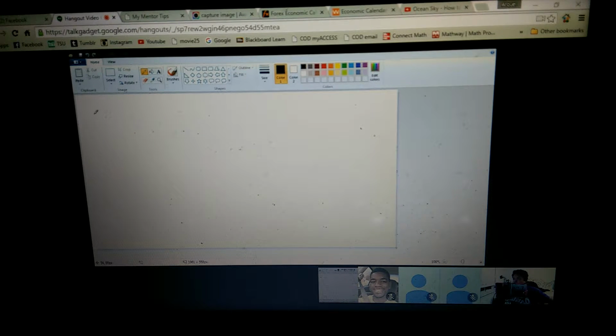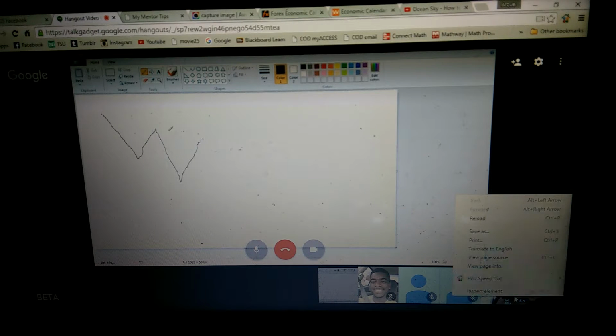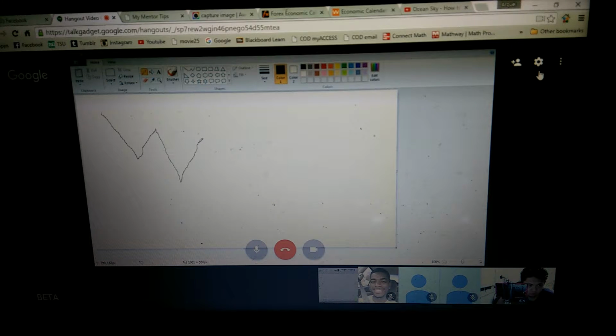So, for instance, say the market's going down, and it hits some kind of support, goes up, goes down again, breaking that support, going down for the downtrend, and then it goes up and doesn't exceed, and then exceeds this.